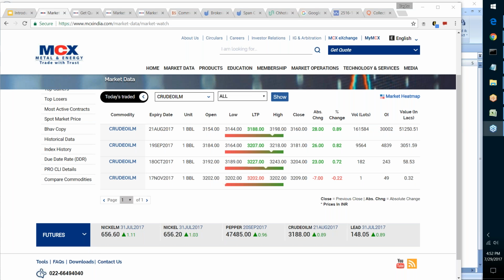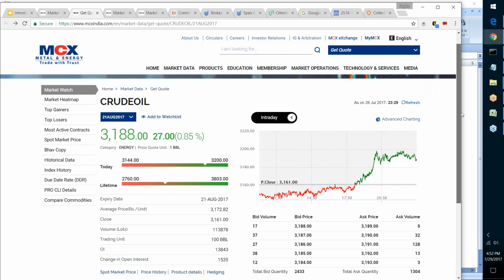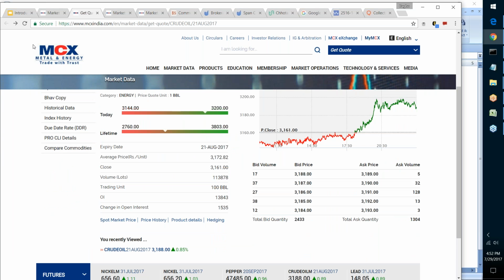Pull up all the active contracts and simply observe how lead moves with zinc. There will be some sort of arbitrage being done between a lot of these commodity products.